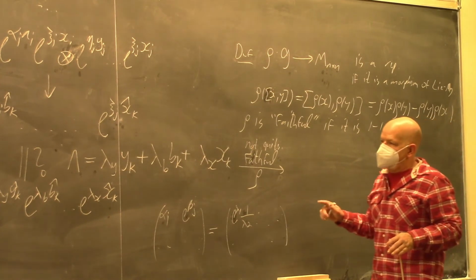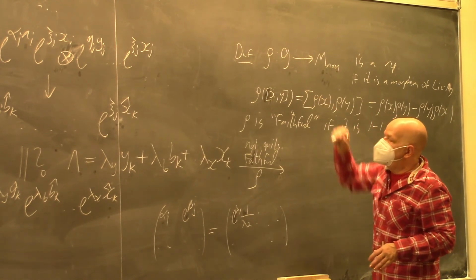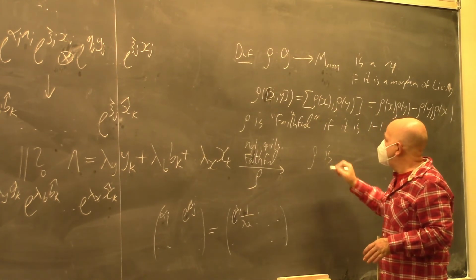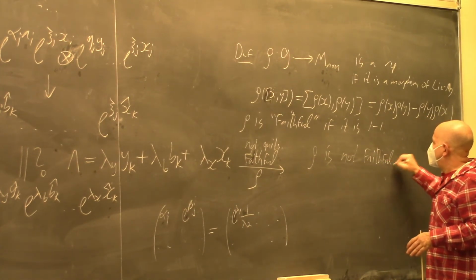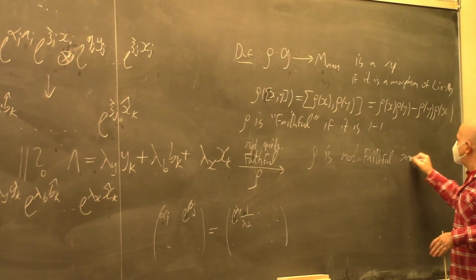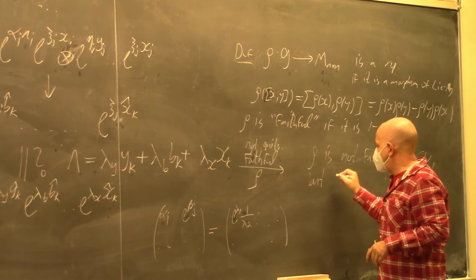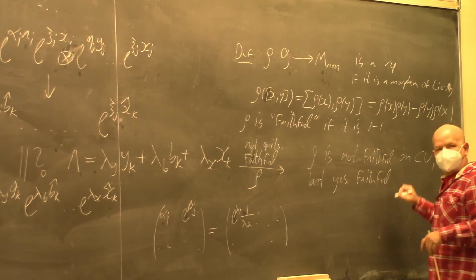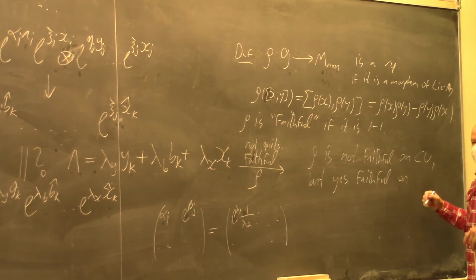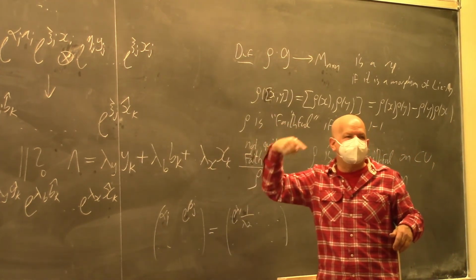It's the correct answer because the rho we wrote there is not faithful, meaning not one-to-one, on all of CU, but yes faithful on a small subset of CU, and everything that we do happens in that small subset.